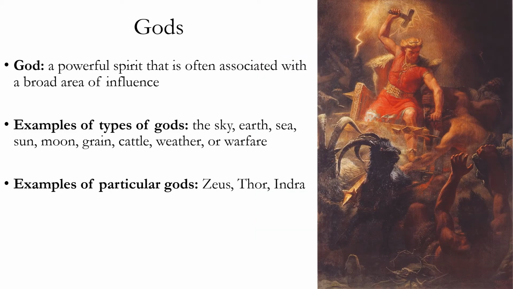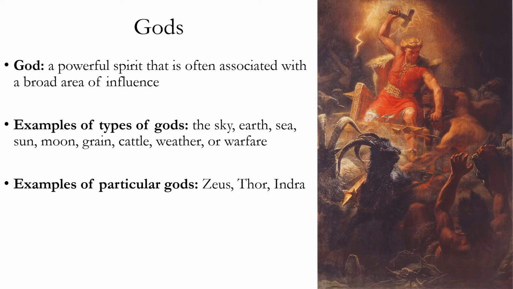So I mentioned this term gods. What is a god? A god is basically the same as a spirit, but you could classify it as a powerful spirit. They tend to be greater in power and influence, and oftentimes they can be associated with the general area of influence or control or a general attribute.